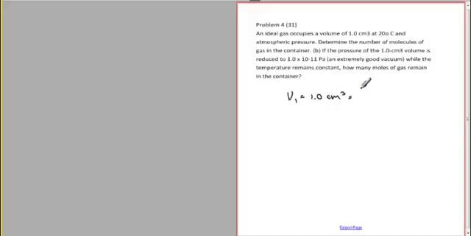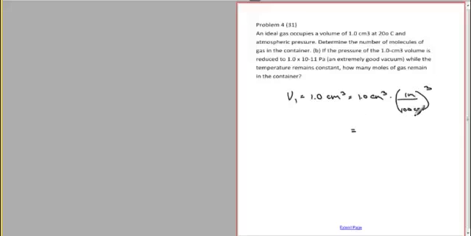So what is that in terms of cubic meters? Well, you've got 100 centimeters per meter. So what you're going to do is divide by 100 centimeters per 1 meter cubed.